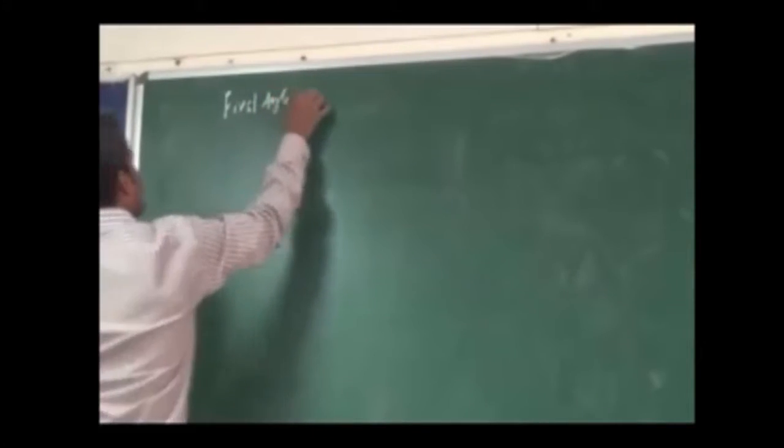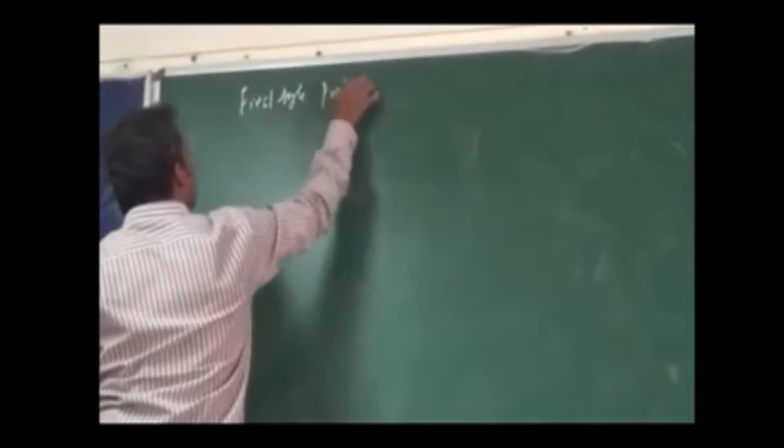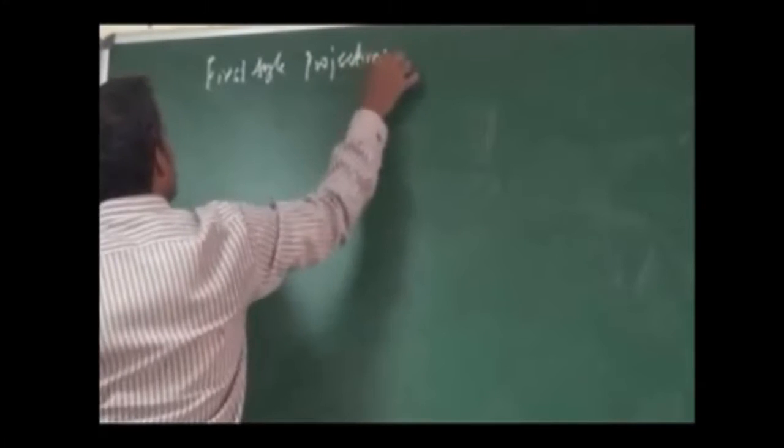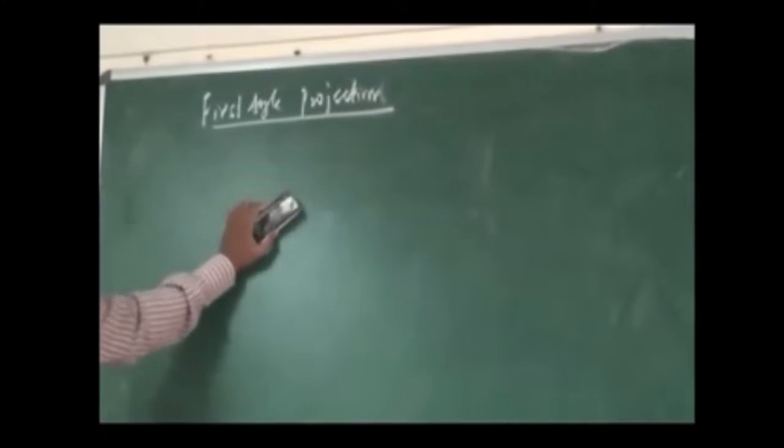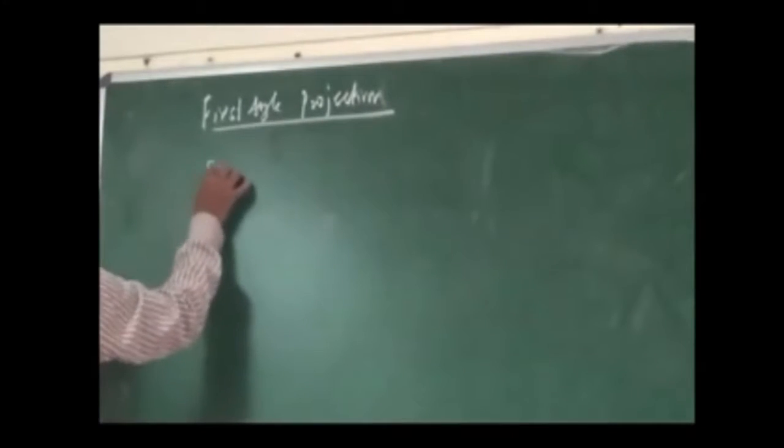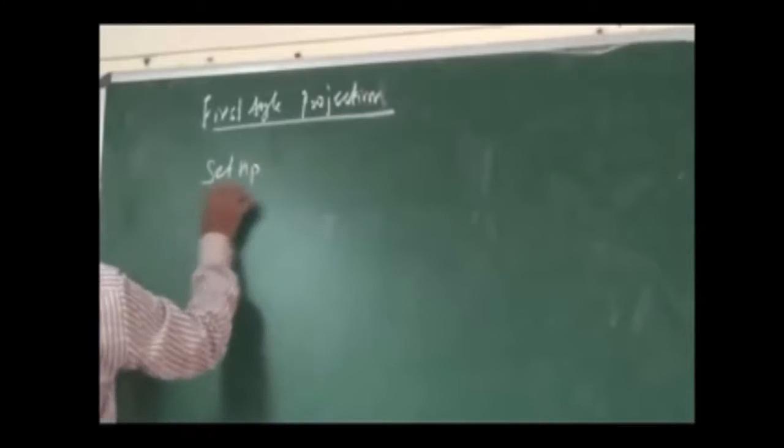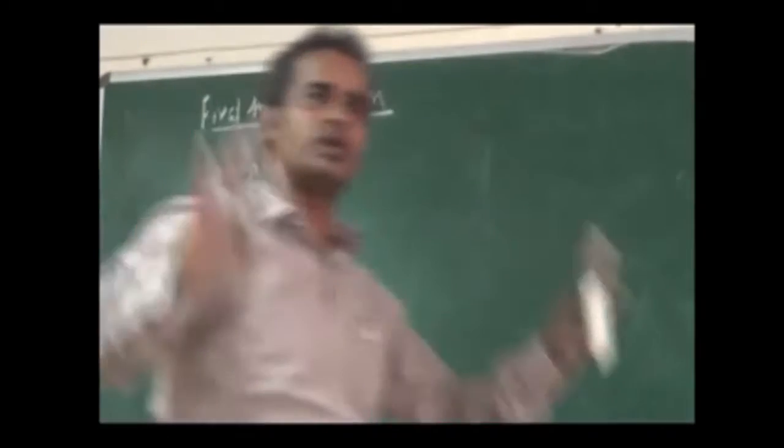The first angle projection. So the first angle projection, what is the setup? To write the setup first of all, because the setup you should have to obtain any view using the first angle projection.